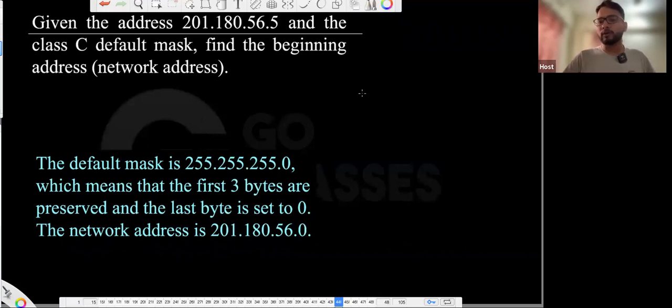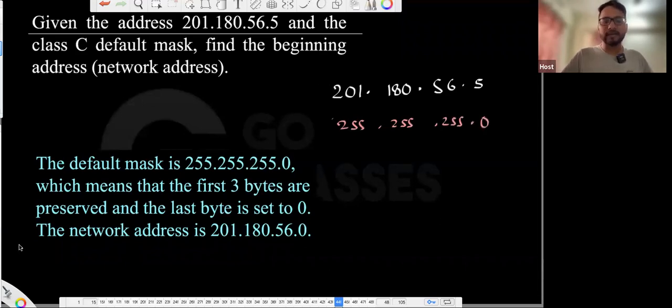How? What will they do? They will take the IP address, and if they want to find out the network to which this IP address belongs, they will take the IP address and the subnet mask, which in this case is 255.255.255.0. They will perform one operation, that is bitwise AND. They will perform the AND operation in the binary.